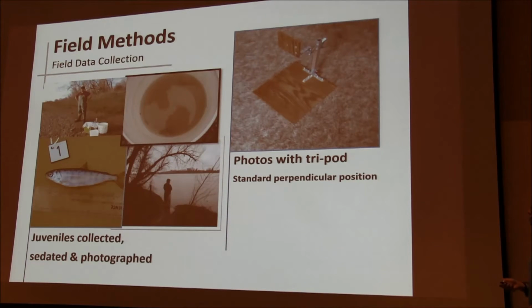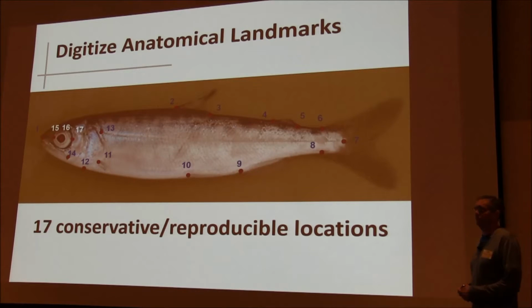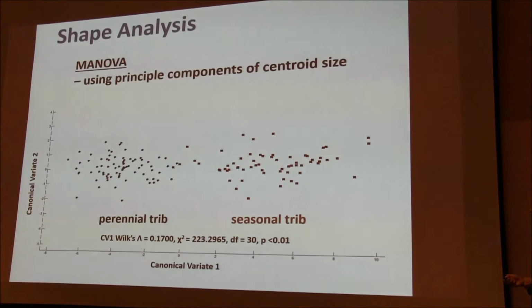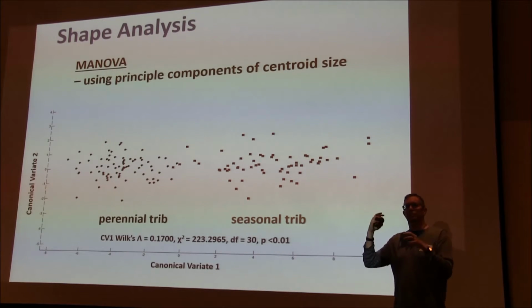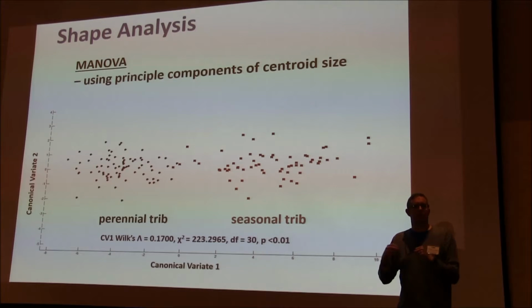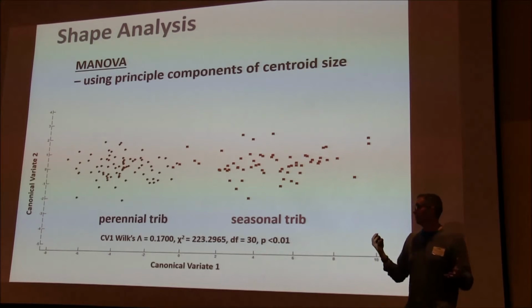And so once you photograph these, you can look for anatomical landmarks that are conservative and found on every fish, right? And then you digitize the photo and you put on these landmarks. And we found 17 reproducible locations on the fish that we could consistently find on all of them. And then what you're doing is you're creating shape variables from those digitized landmarks. And then you're comparing the shape variables among, in our case, a seasonal tributary and the main stem river.